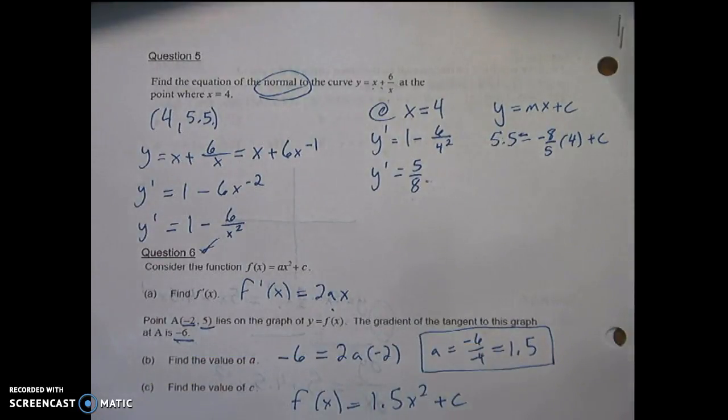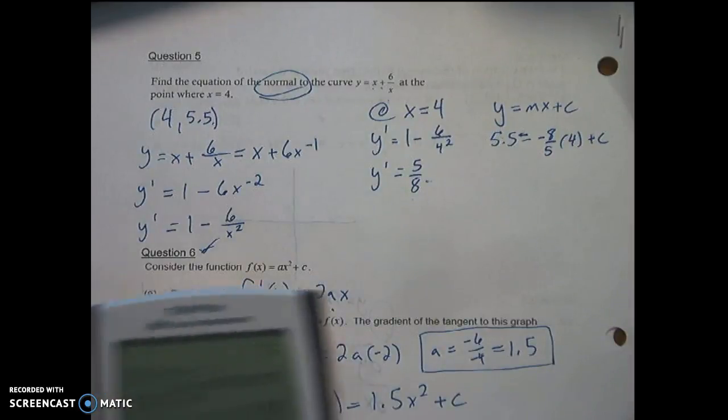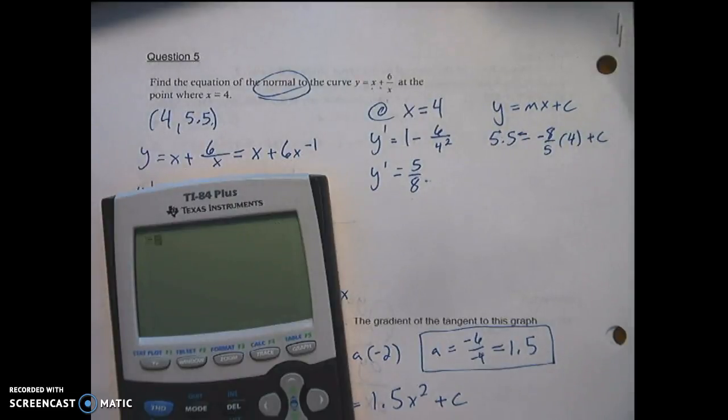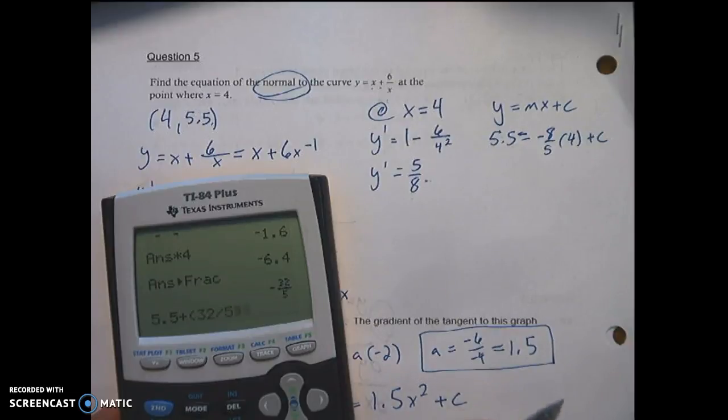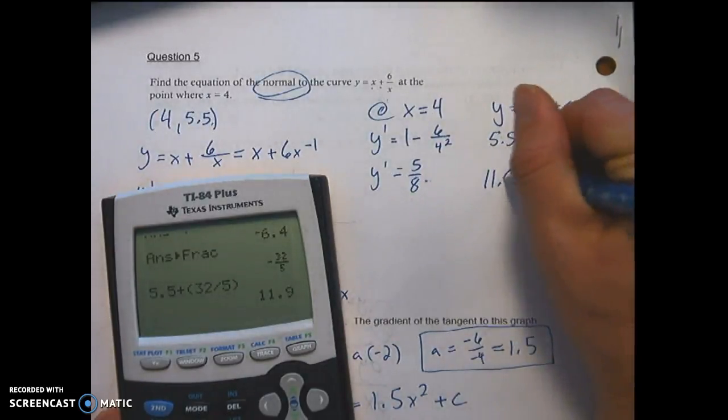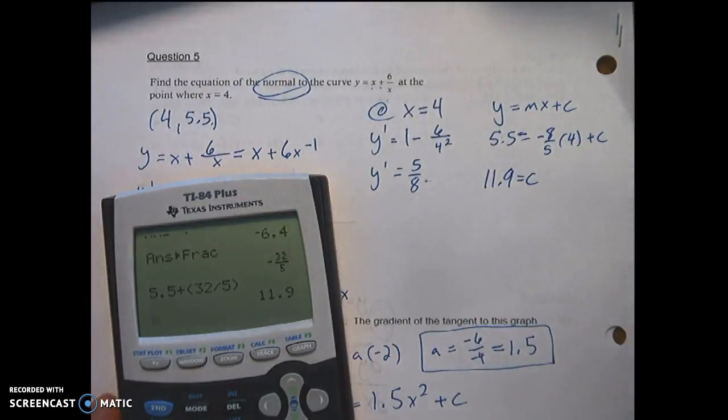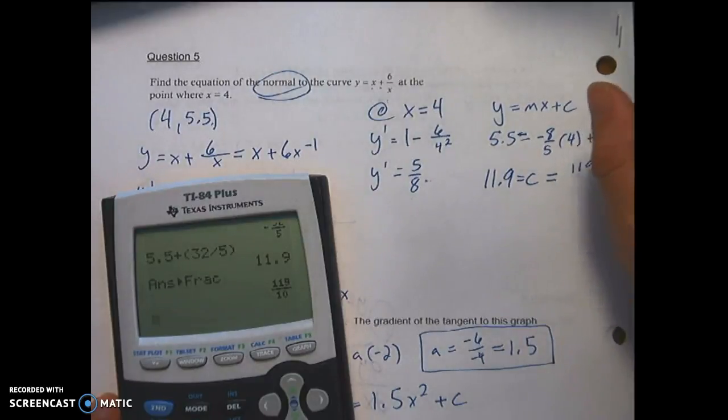Negative 8 over 5 times 4 is negative 32 over 5. So I need to do 5.5 plus 32 over 5. That's just about 11.9 equals c. I'm going to write that as a fraction, though: 119 over 10.